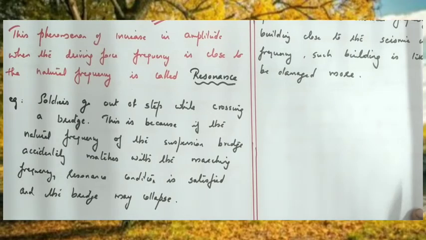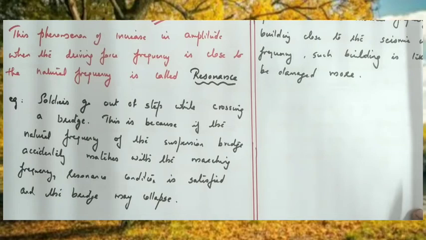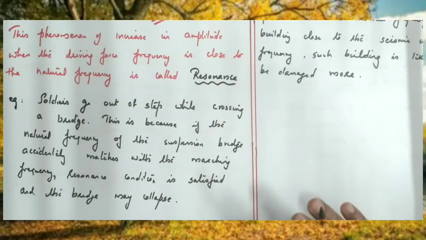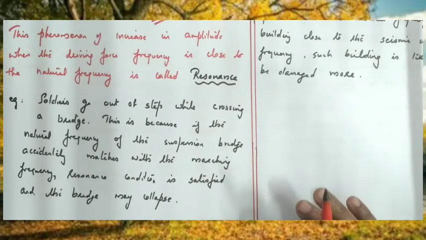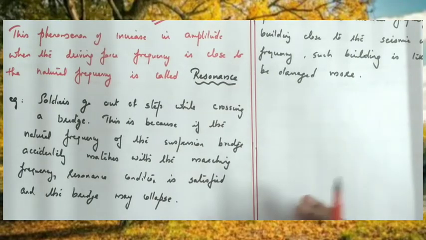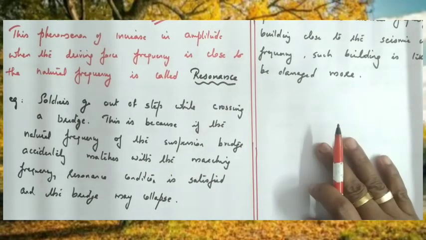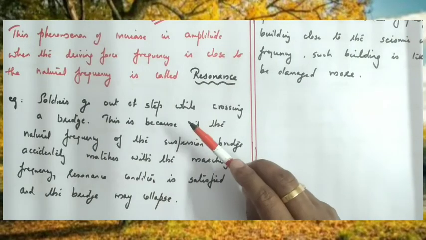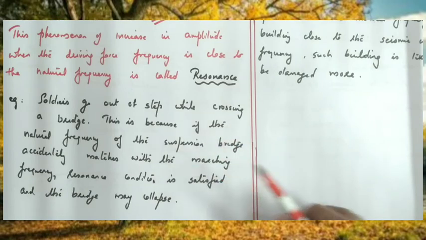The suspension bridge has its own natural frequency, and the marching of the soldiers has a definite frequency. If both frequencies accidentally match, the resonance condition is satisfied, the amplitude of oscillation increases and the bridge may collapse. That is the reason why soldiers go out of step while crossing a bridge.